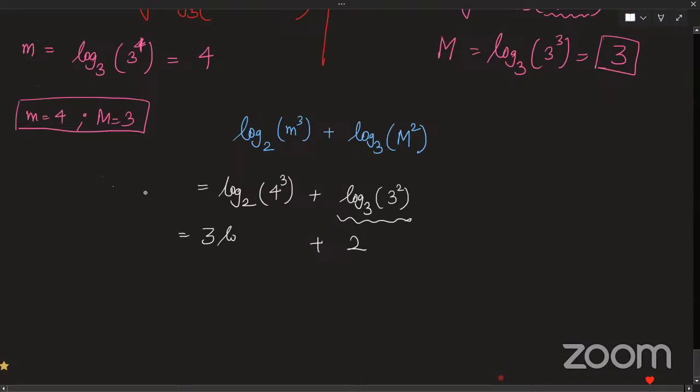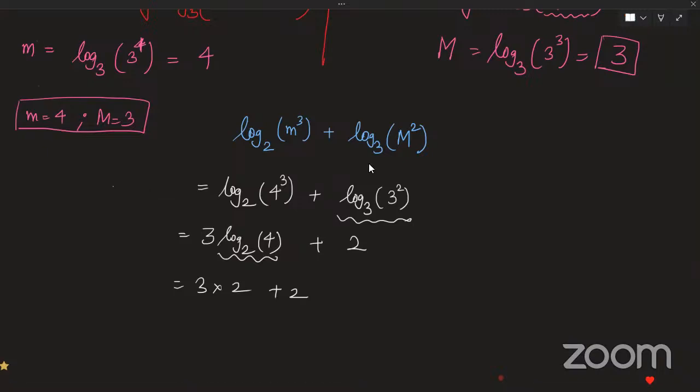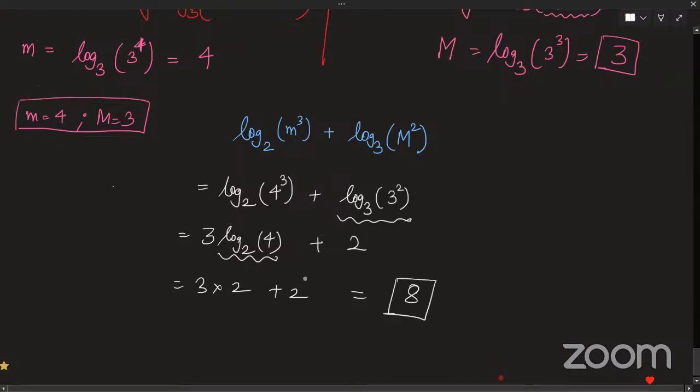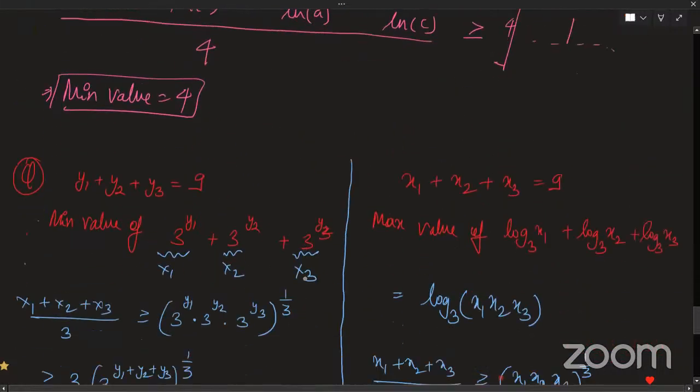The power can come before, so it is 3 into 2 plus 2. So my final answer is how much? 8. Correct.